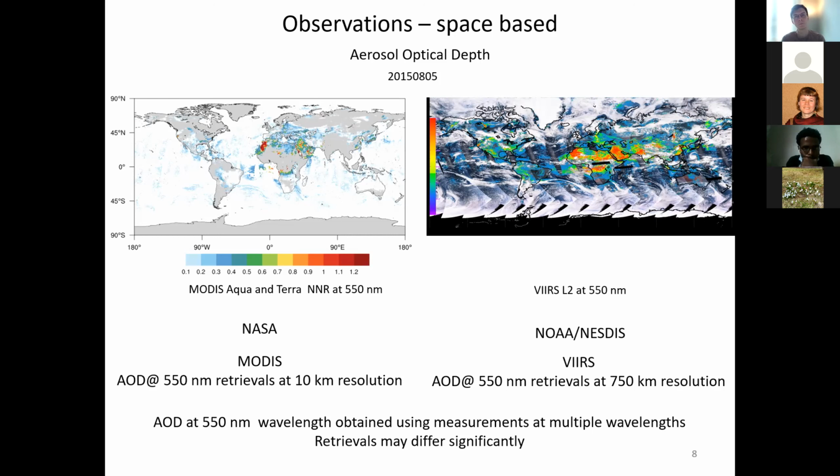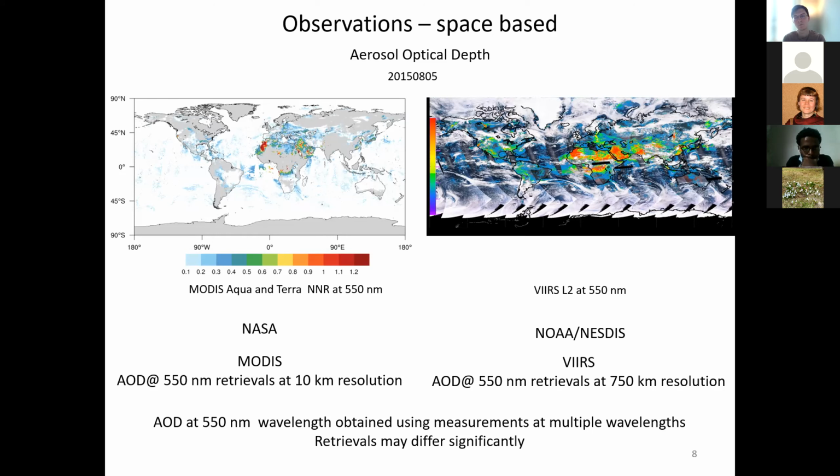These instruments measure light at multiple wavelengths, but they derive AOD practically only at 500 nanometers. And there are various retrieval methods that people use.